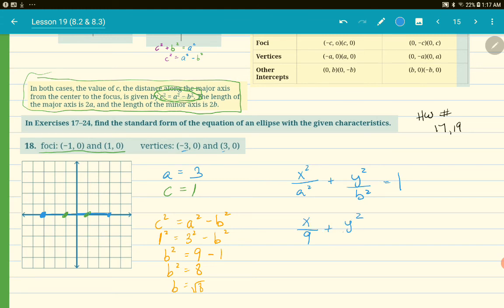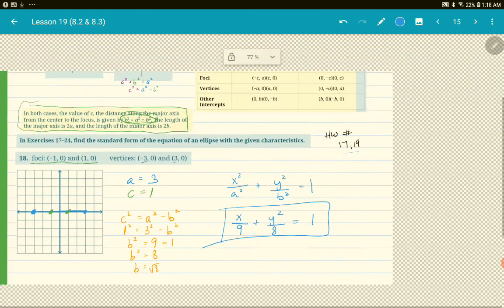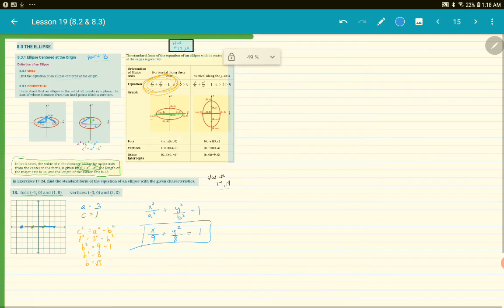And b is radical 8, and b squared is 8. And we have a 1 at the end. So there's my equation. So you try 17 and 19. And that wraps up 8.3.1.